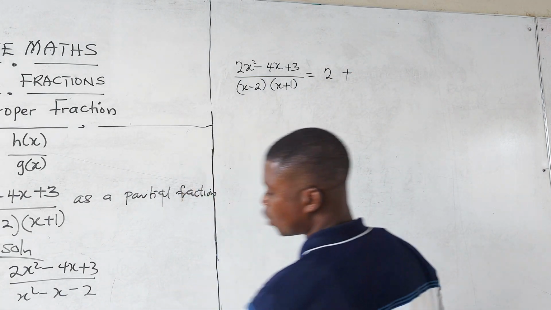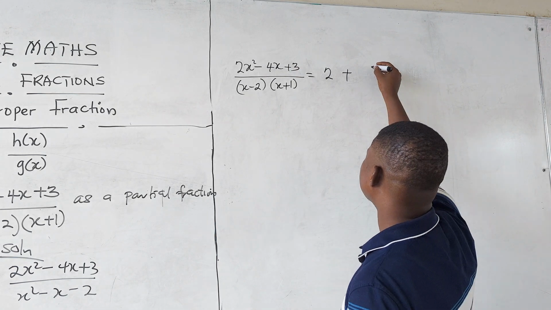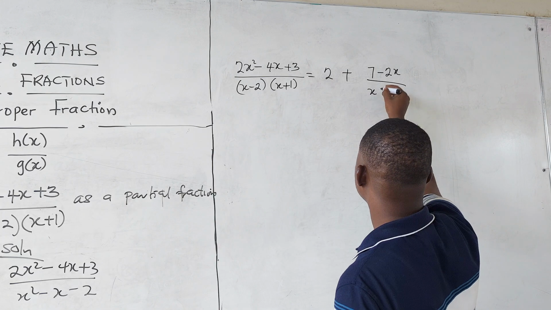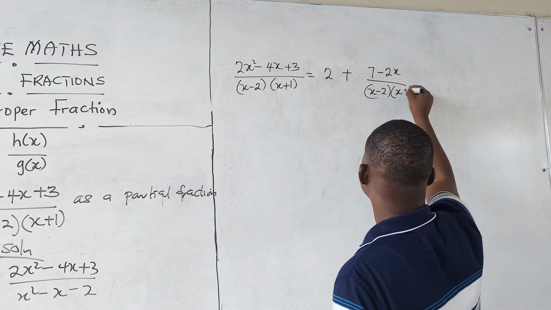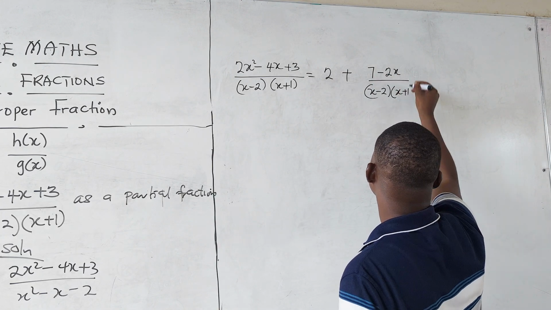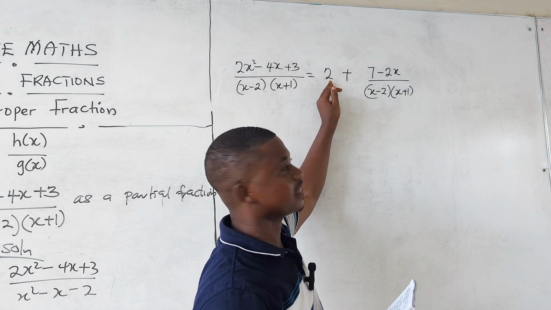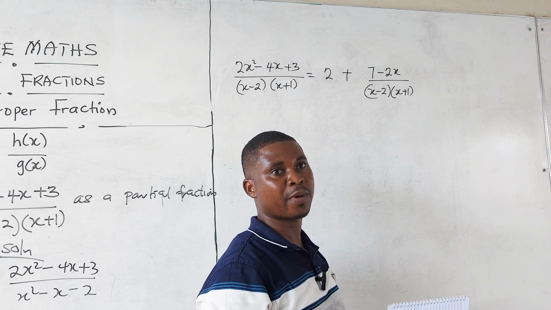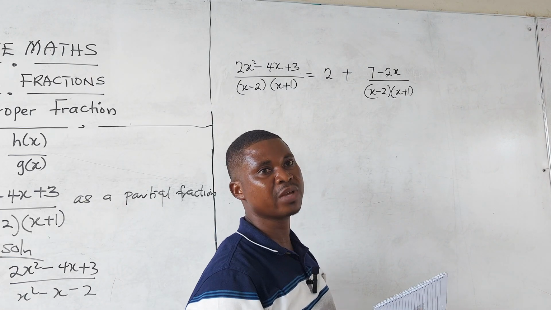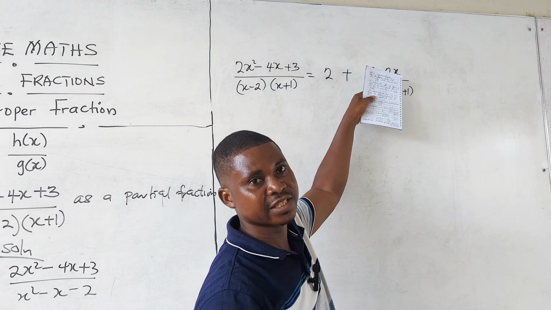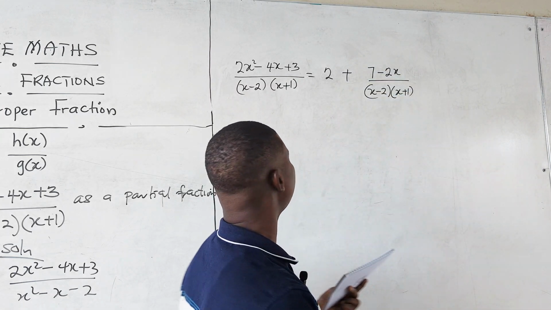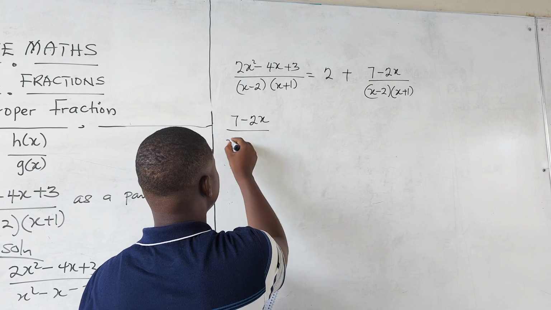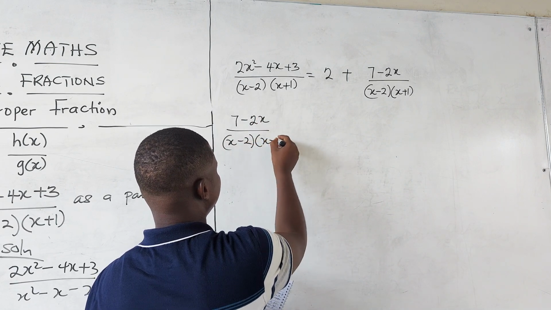The remainder is negative 2x plus 7, so I can write it as 7 minus 2x over x minus 2, x plus 1. So now I have the quotient and the remainder, and the remainder becomes a proper fraction. Having that, now I can resolve it through the partial fraction. So now we pick 7 minus 2x over x minus 2, x plus 1.